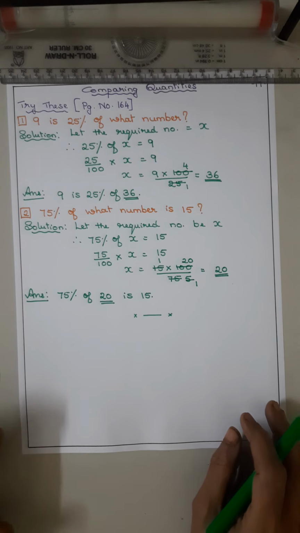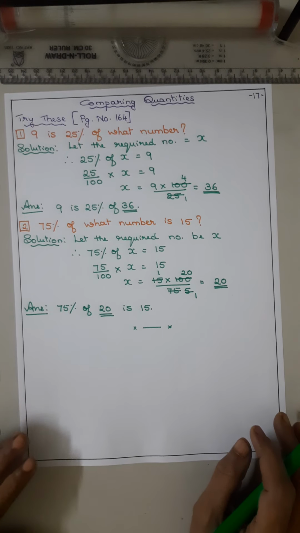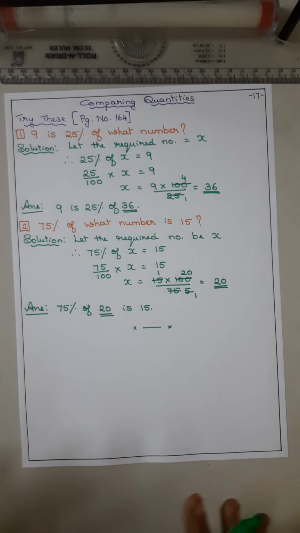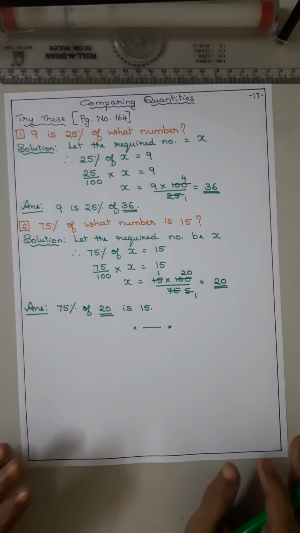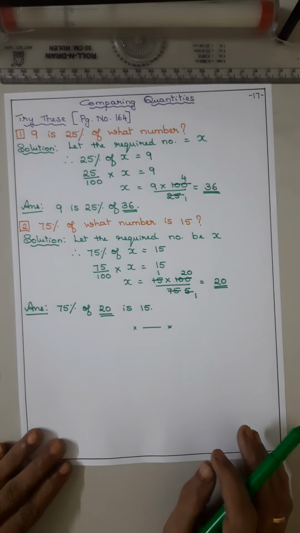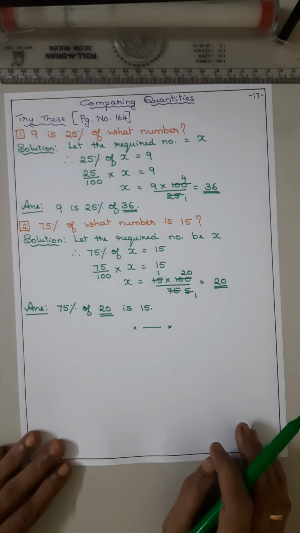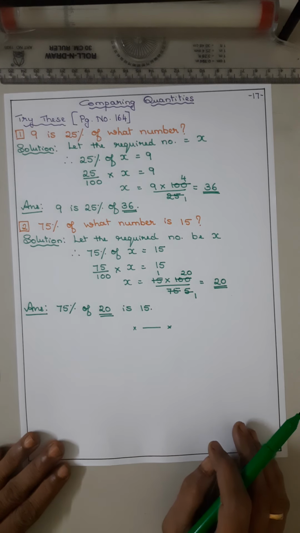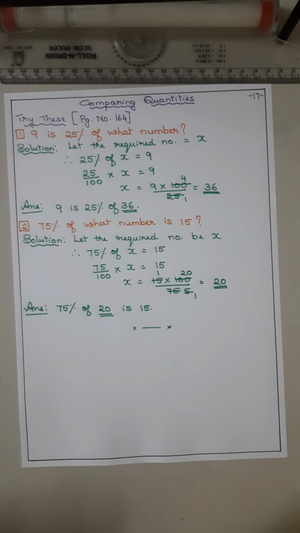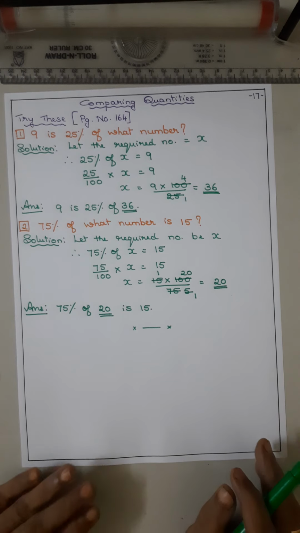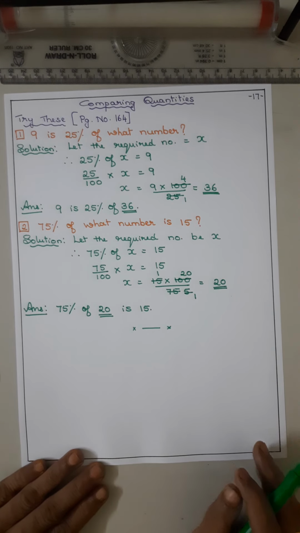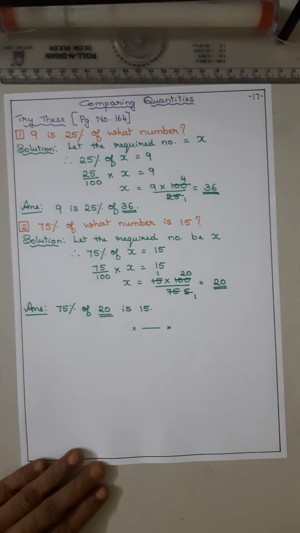So we have completed the examples, some examples, and try these up to page number 164. Hope everyone understood this. There are so many different topics, everything is covered. Then we will go to the exercise. Okay then, bye. Thank you.